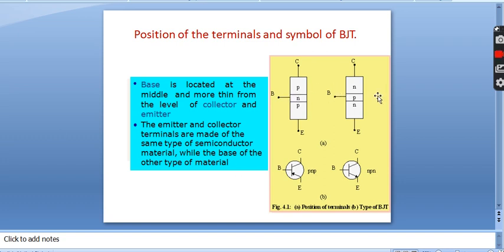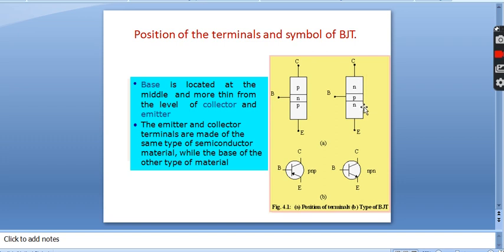Here there are P-type and N-type transistors. A P-type transistor means a PNP transistor, with two P-type semiconductor layers and one N-type layer. From the two P-type layers, two terminals are brought out, the collector and emitter. From the N layer, the terminal brought out is the base. That is the PNP transistor.